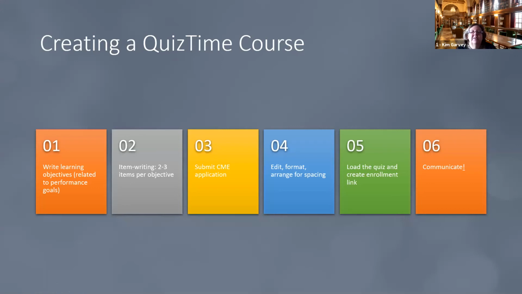So when you create a QuizTime course, there's a learning objective part. There's the actual item writing. So we often reach out to our subject matter experts to do item writing for us. Most do it gratis for an educator credit because it is like writing. Most of our courses that we offer through QuizTime have some continuing education credit available for them, not all.